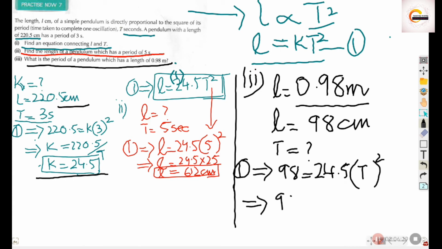We have 24.5 in the denominator, so I am going to multiply by 10 in the numerator and denominator to simplify our answer.